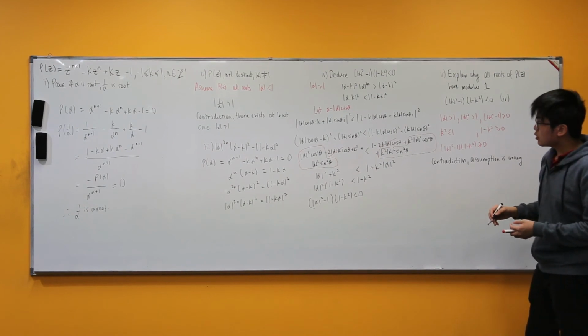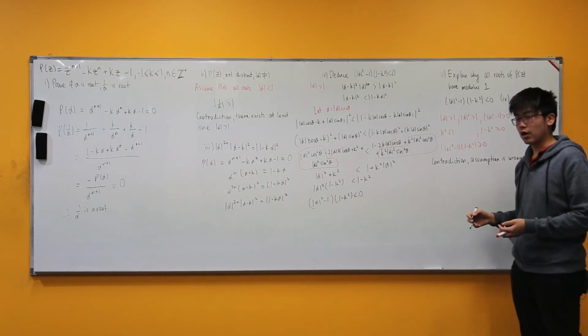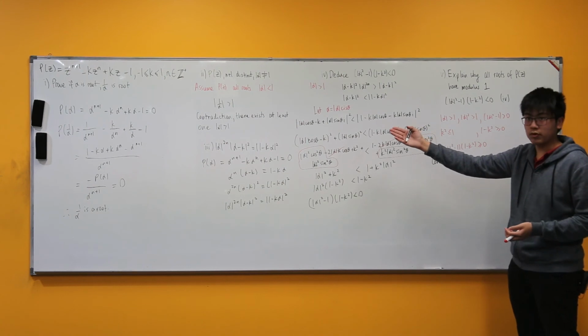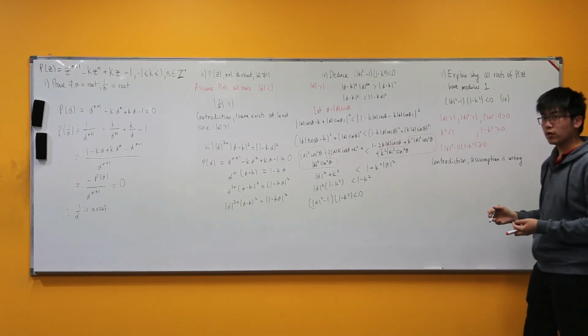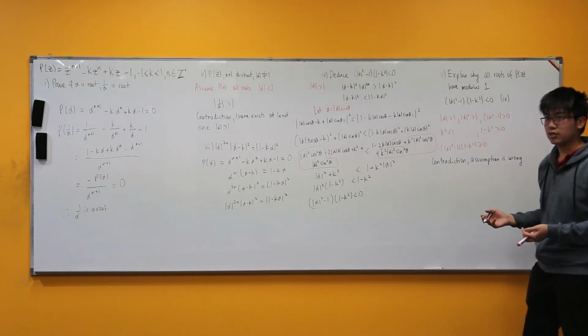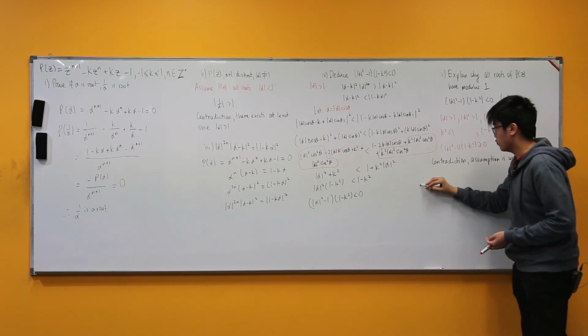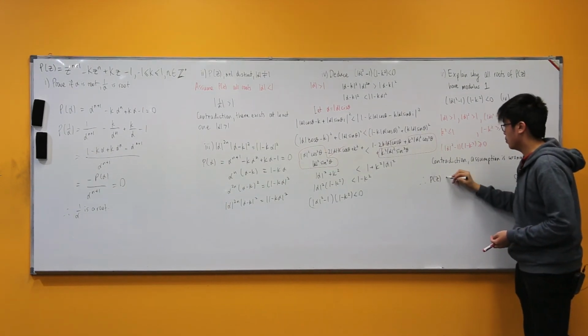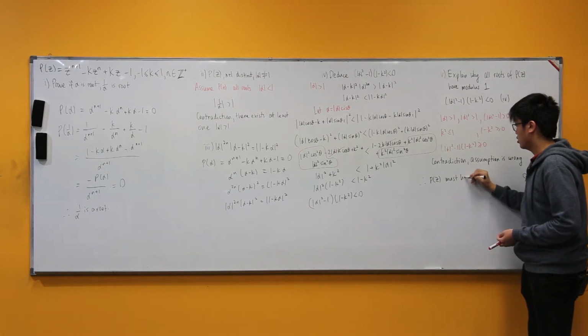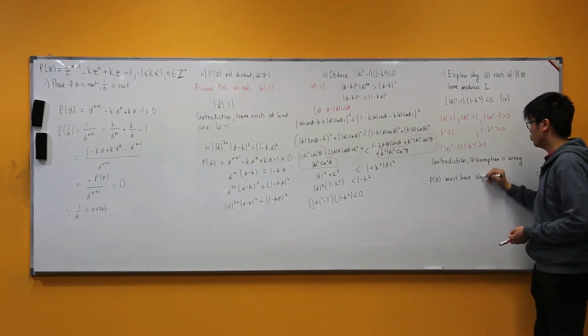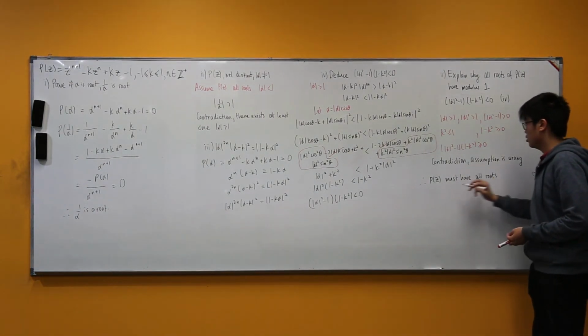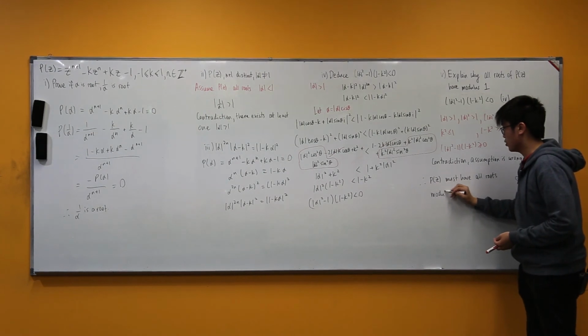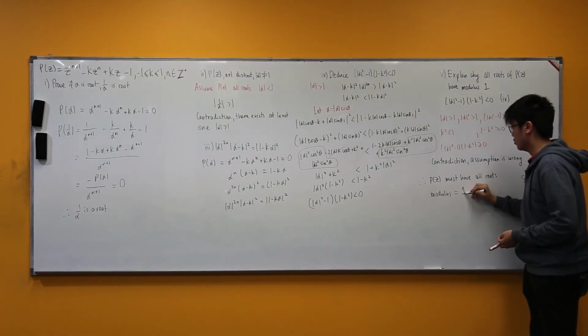So there can't be all roots alpha less than 1, because we already proved that in part 2. So there is only one solution left. And that solution is that, therefore, p(z) must have all roots with modulus equal to 1, because there are no other options left.